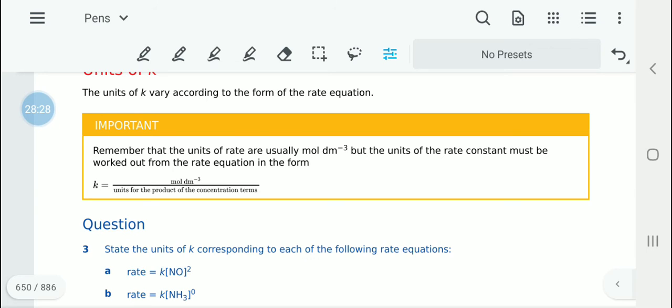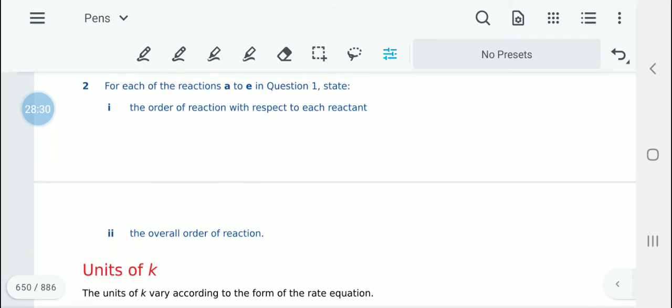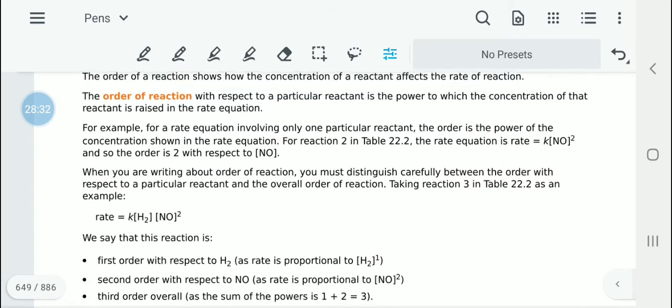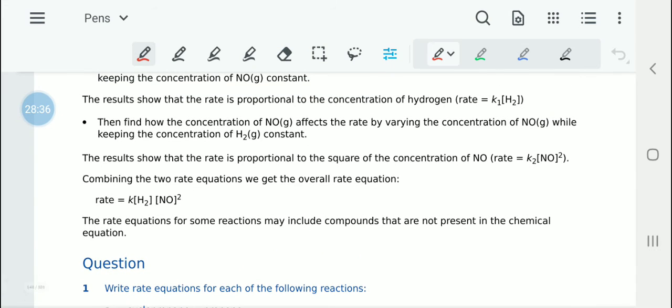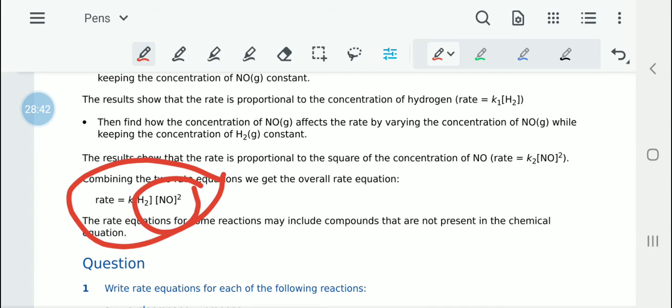By manipulating the rate equation, that is, you take this rate equation and make k the subject, then you will have to take these concentrations into consideration. So H2 is mole per cubic decimeter multiplied by mole per cubic decimeter squared.